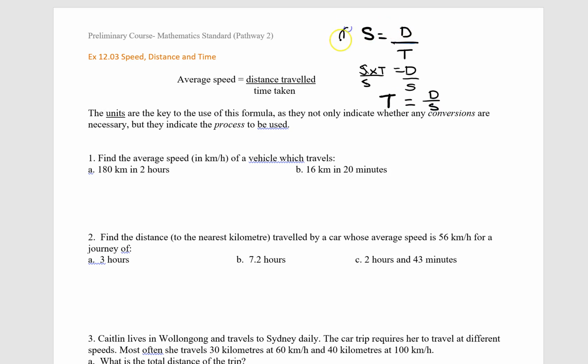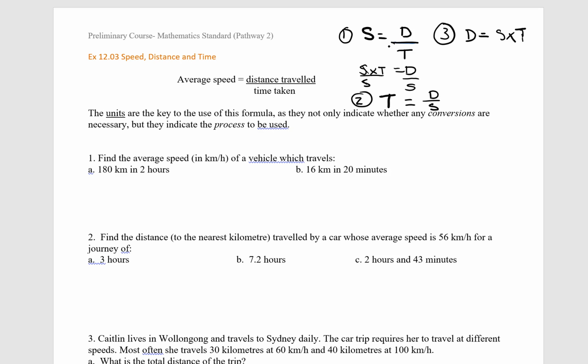So, that's one variation, a second variation, then a third variation is where we could use this formula to find distance. And distance is equal to, we had it here, speed times time. So in an equation, provided you've got enough information, you can use that equation to find any one of the pronumerals.